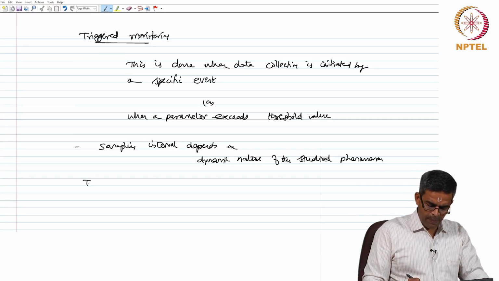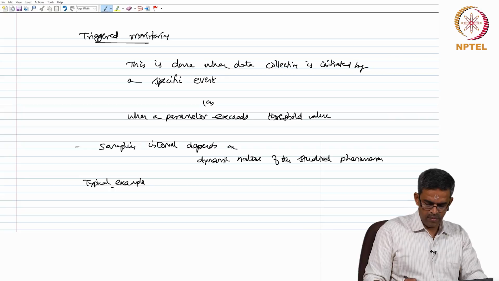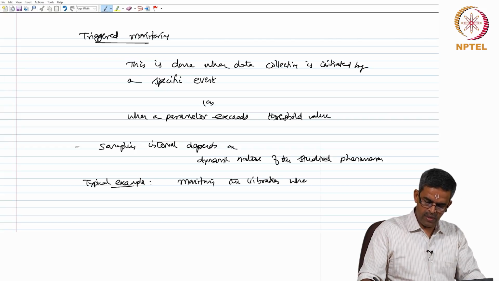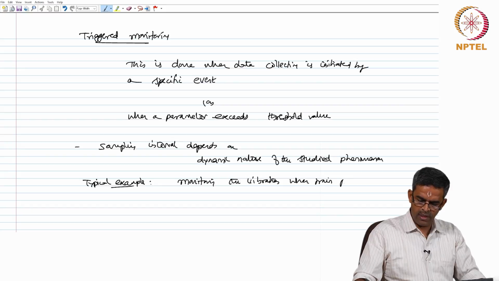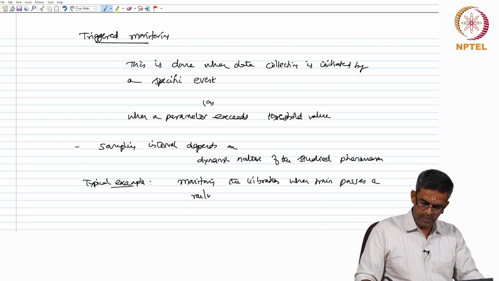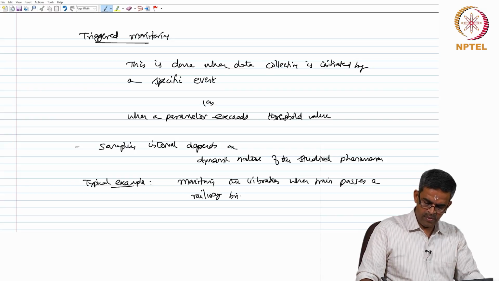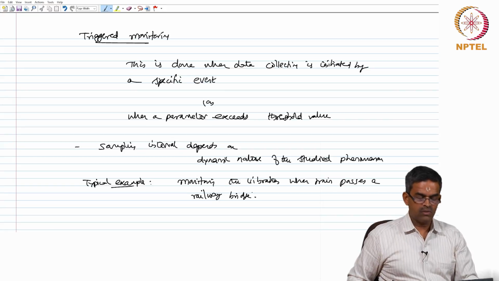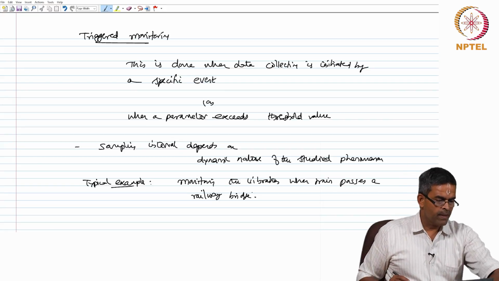A typical example could be monitoring the vibration when a train passes a railway bridge. That is a typical example of application of a triggered monitoring.